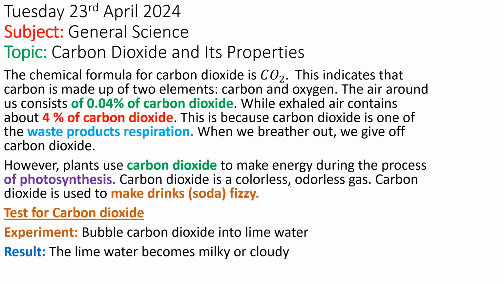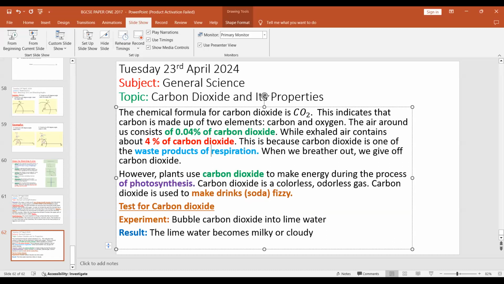This is because carbon dioxide is one of the waste products of respiration. When we breathe the air out, we give off carbon dioxide. However, plants use carbon dioxide to make energy during the process of photosynthesis.